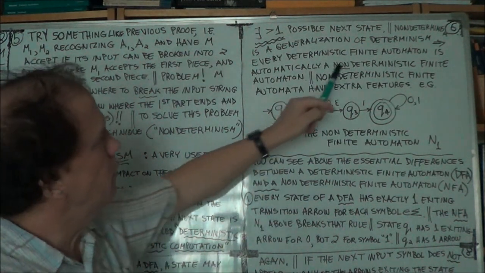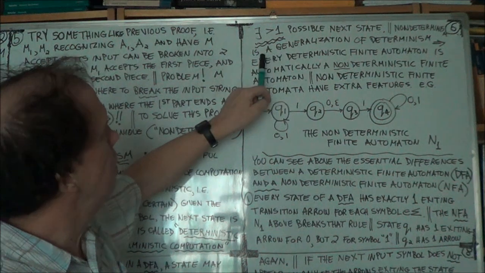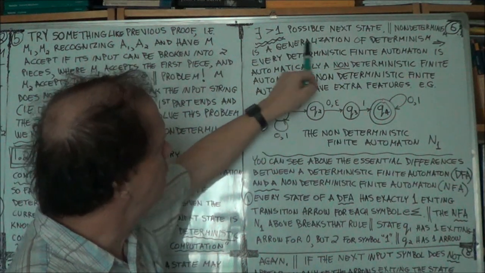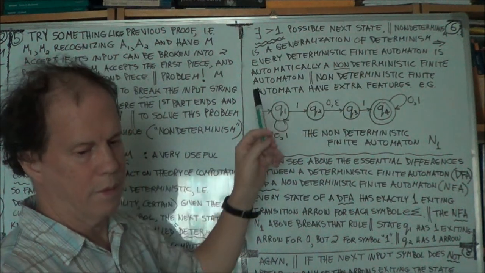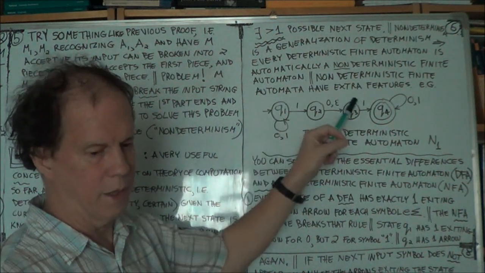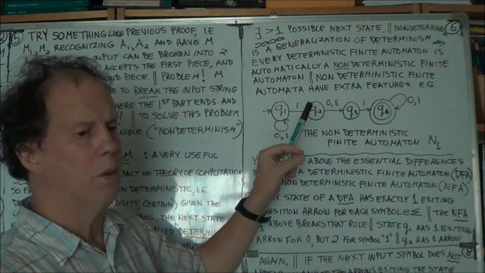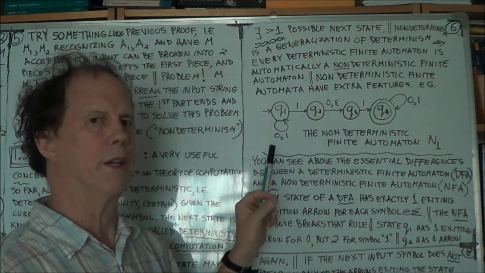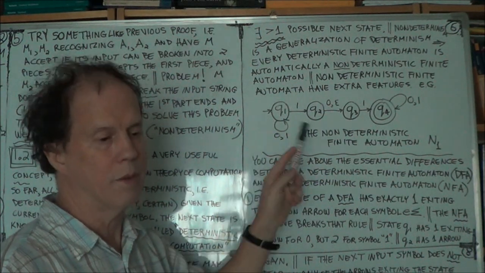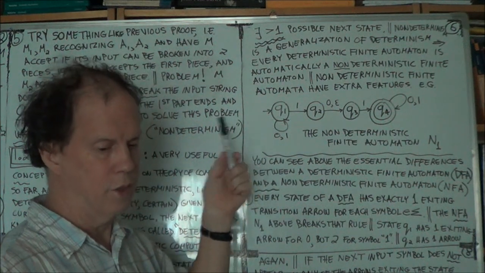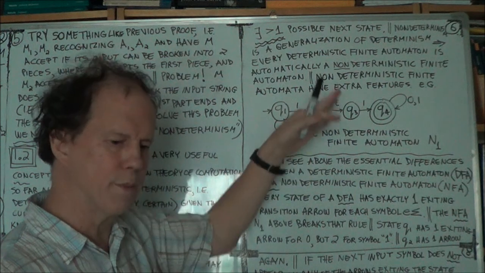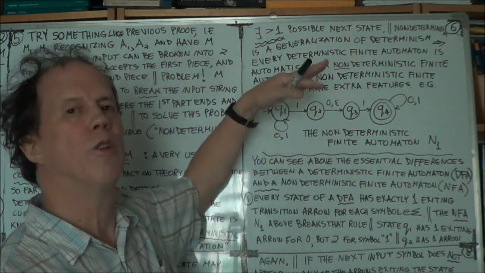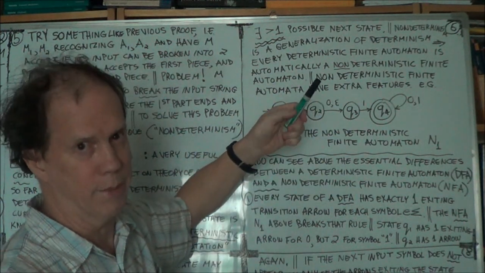Now, I'll make a few more comments. Non-determinism is a sort of generalizing of the notion of determinism. If the next state comes out with a certain probability, it's possible that probability might be 100%. So determinism is a subcategory, subsumed by the more general concept of non-determinism.